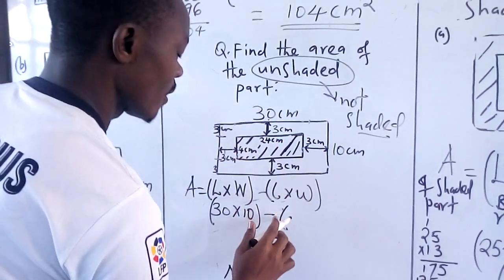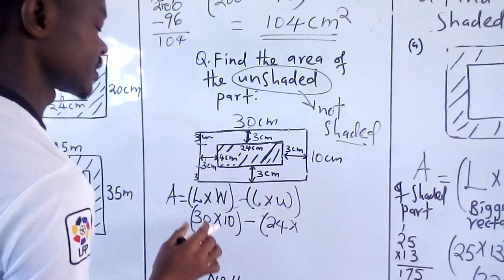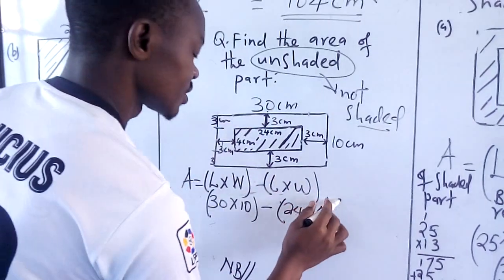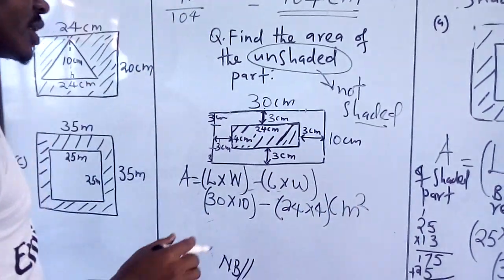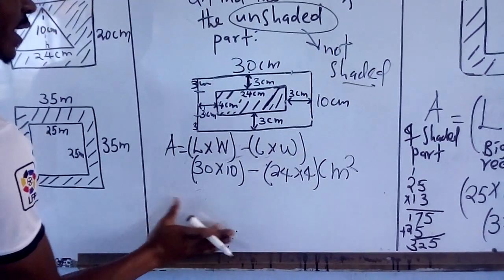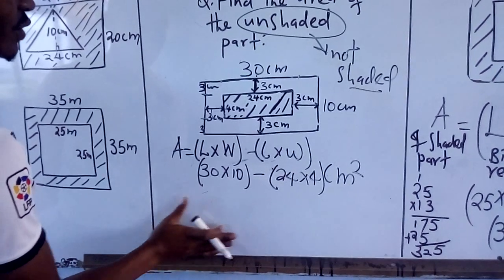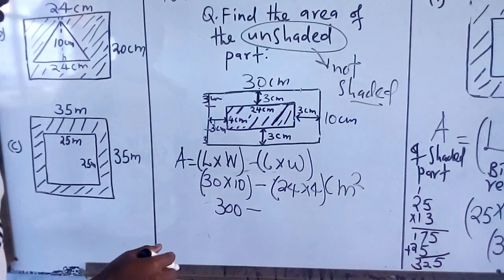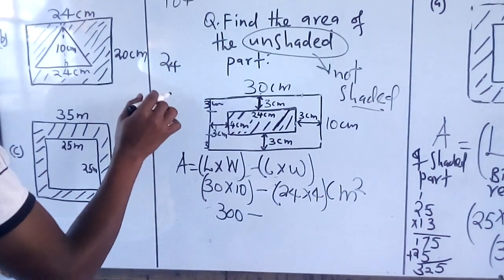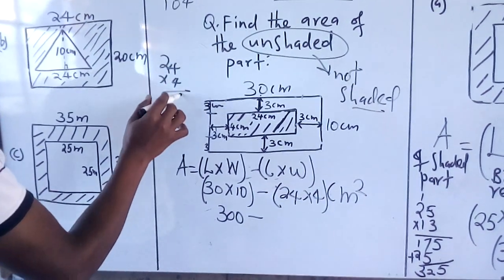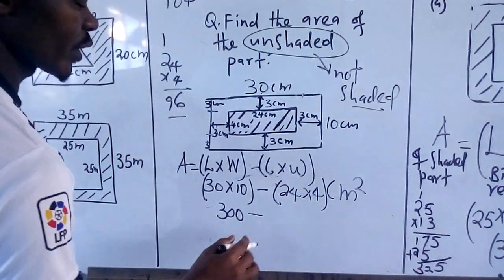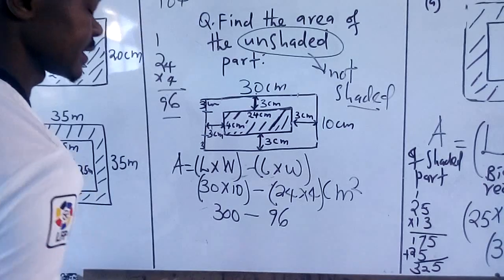Remember the unit, which is square centimeters. So 30 times 10 is 300 minus 24 times 4. This is 16, carry 1, 8, 9. So we are going to have 96.